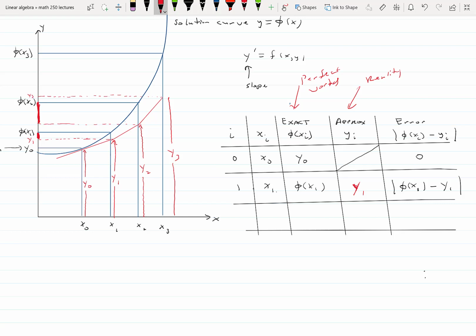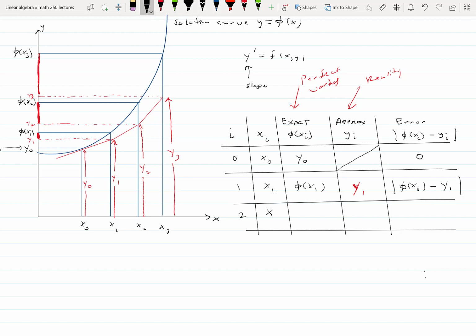That's y3. And look at the error. The error is this shaded amount. It's phi of x3 minus y3 in absolute value. This was y2. So as we estimate more and more y values, they theoretically get worse and worse error-wise.